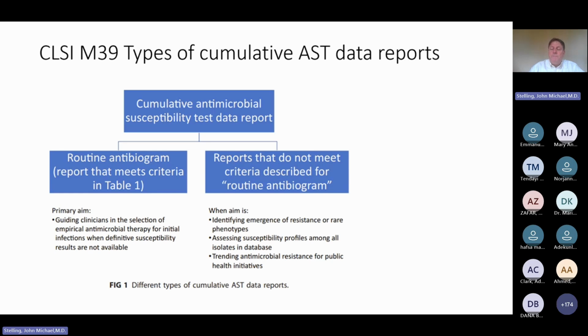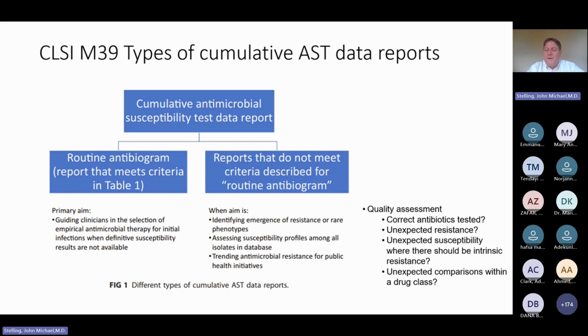But sometimes you do want to make sure you include all of these isolates, even if they are not the initial one. So when the objective is identifying the emergence of resistance or rare phenotypes, then you may want to do what we can call an enhanced antibiogram. If you want to look at all isolates, if you want to look at general trends for public health surveillance, those are different types of antibiograms.